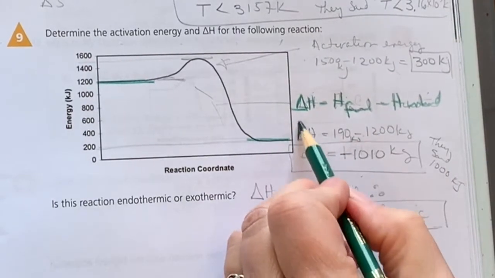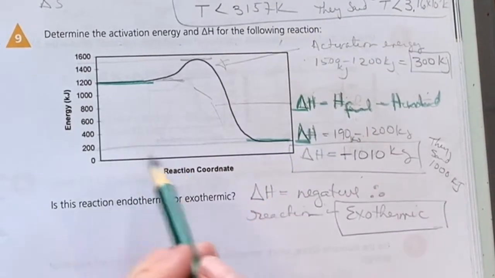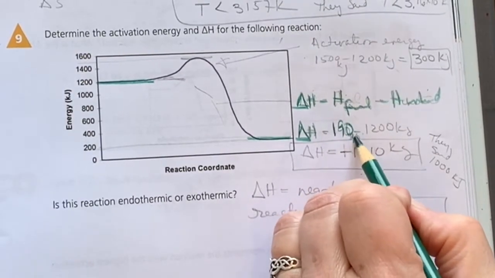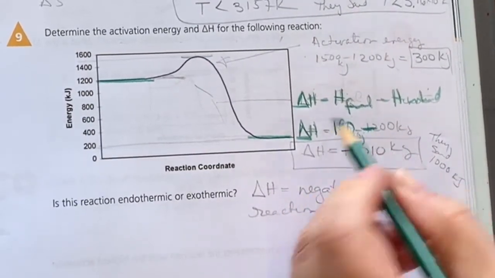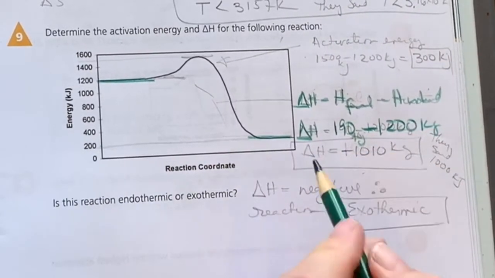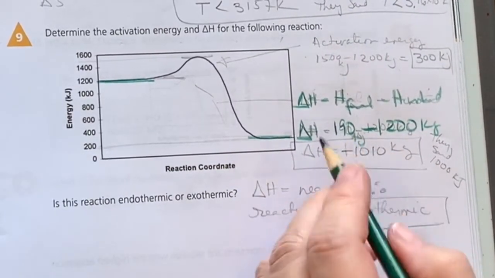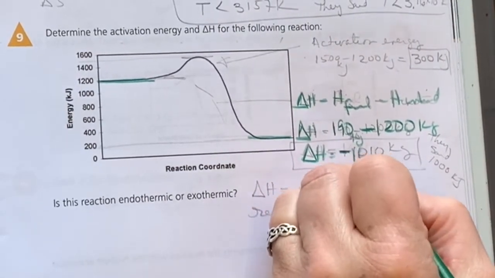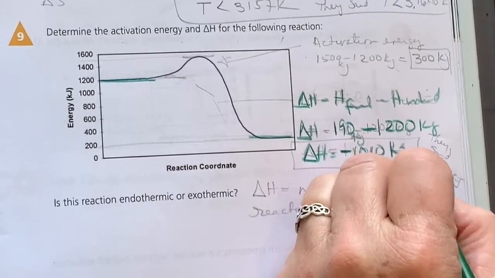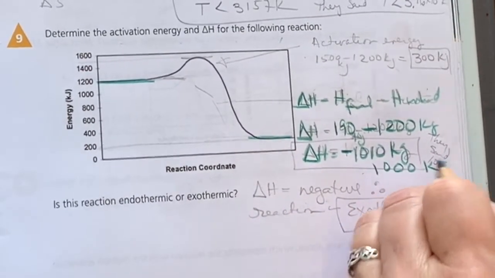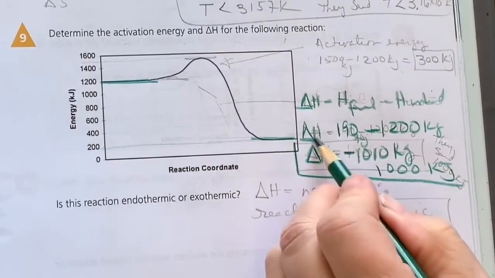So our delta H, the final is about 190 kilojoules minus, and it starts at 1200. So 190 minus 1200, our delta H is minus 1010 kilojoules. They said 1000. So either one is right.